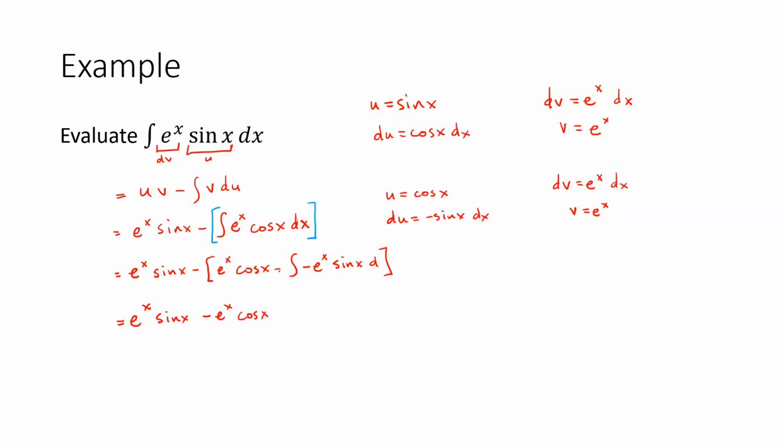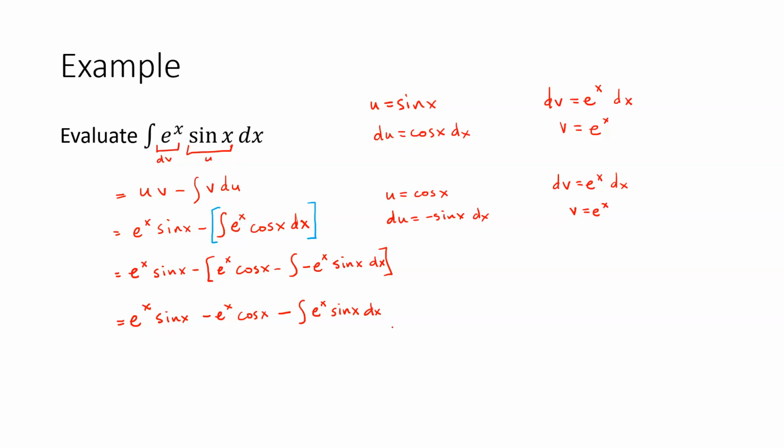I can factor out the minus sign and then distribute this minus sign there, so it stays minus. And the integral that I noticed that we wound up with is exactly the same as the integral that we started with. Now, is that going to be a problem? Well, in this case, actually, it is not going to be a problem.